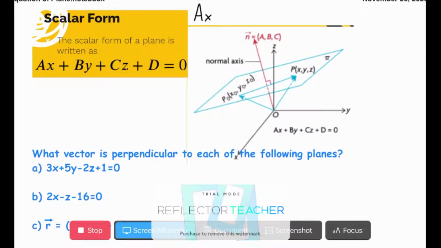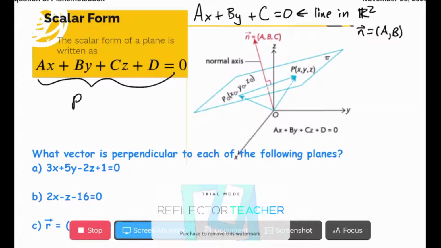Ax plus by plus c equals 0 is what we use to represent a line in 2 space, or R2. And remember that our normal vector here was (a, b). And we talked before, why does this define a line and not a plane?